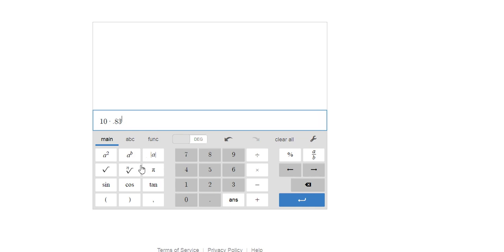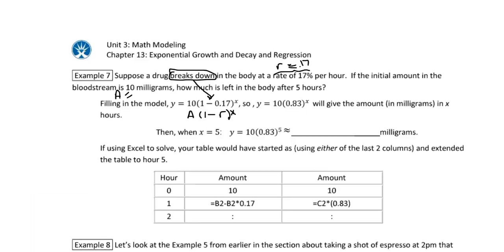So, oh, there it is, A to the B power. So this one doesn't have a caret. There's my exponent. So 0.83 raised to the fifth power. So here's what I have, 3.939. So this would have ended up being 3.939 milligrams.